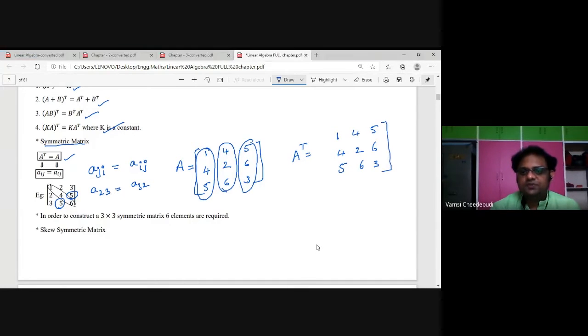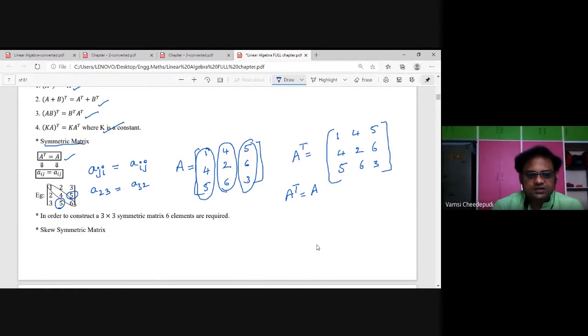Then that should be A transpose. And my observation is A transpose is the same as A. So A transpose is equal to A. Then I can say that the given square matrix A is called symmetric.